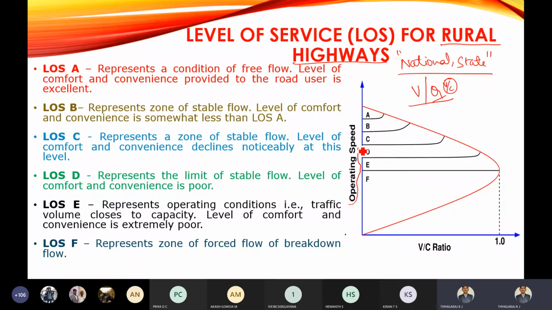You can observe here the y-axis is in terms of operating speed. The x-axis is in terms of volume to capacity ratio. So as we all know, Q is equal to K into V. Is it correct?